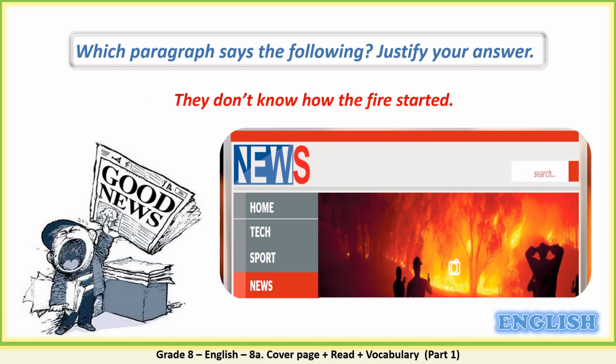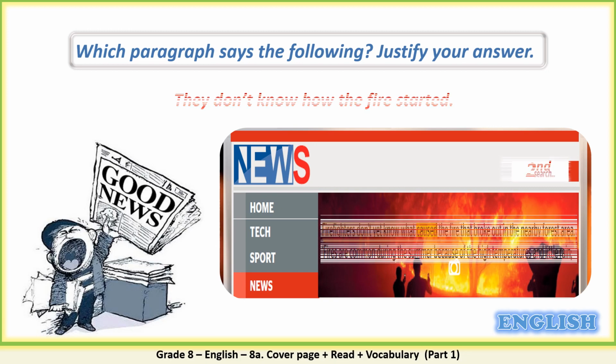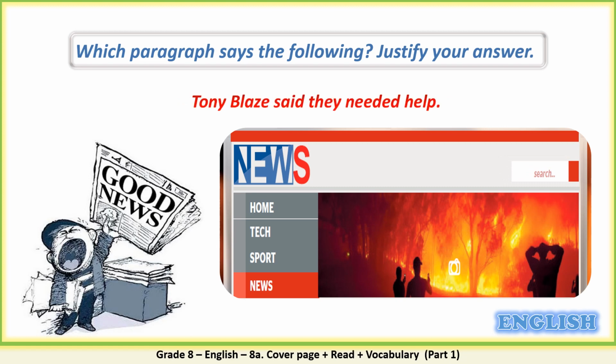The third sentence. They don't know how the fire started. Amazing! The second paragraph says that, and this is the justification. Firefighters don't yet know what caused the fire. The last sentence.